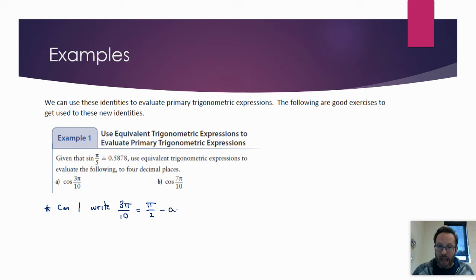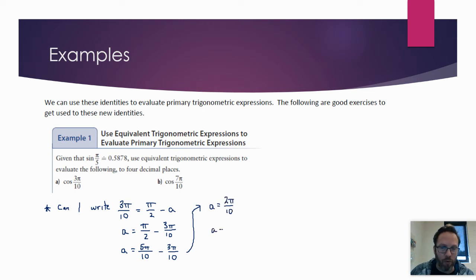We can find out what a is just by solving this little equation. Bringing the a to the left and subtracting 3 pi over 10, a is pi over 2 minus 3 pi over 10. That's 5 pi over 10 minus 3 pi over 10. That's 2 pi over 10, which is pi over 5.